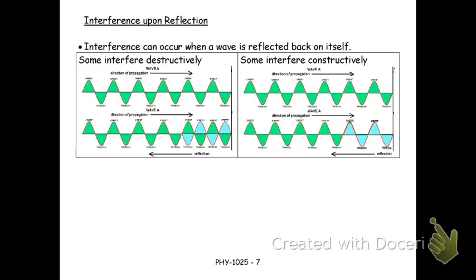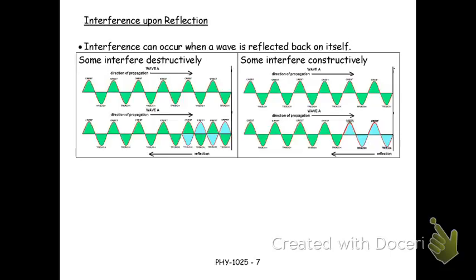If a big wave comes towards you, goes away from you and hits the wall, what comes back to you? Is it a wave or is it a trough? Is it a crest or is it a trough that comes back? What do you think? It's sometimes different, but for water it's always going to be the same thing. A wave goes to the wall, and a wave comes back.